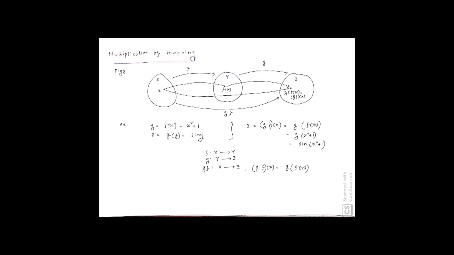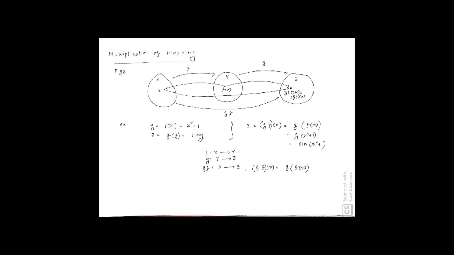Suppose we have two functions. f is a function from capital X to capital Y, and g is a function from capital Y to capital Z. These are any two mappings. We define the product of these two mappings, denoted by gf, as a mapping from capital X to capital Z, by gf of x equals g of f of x.